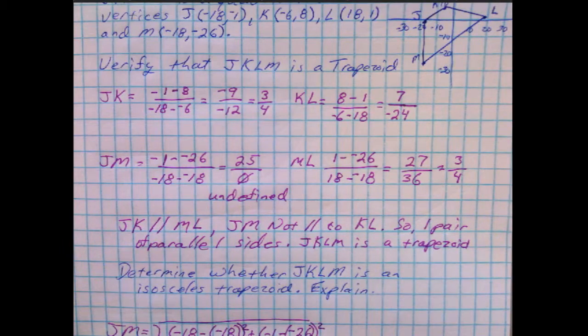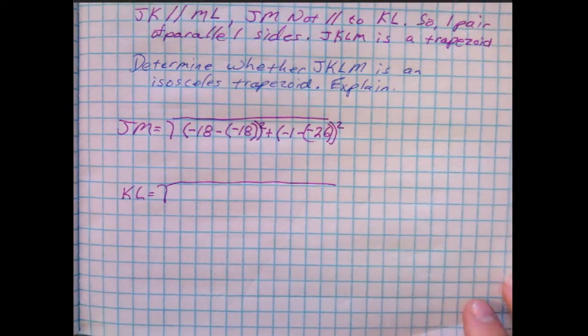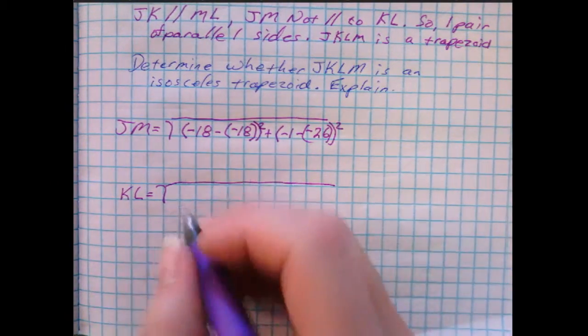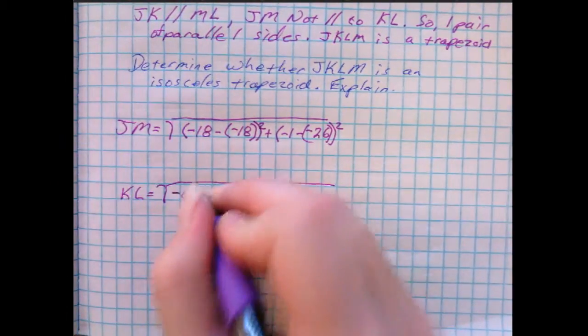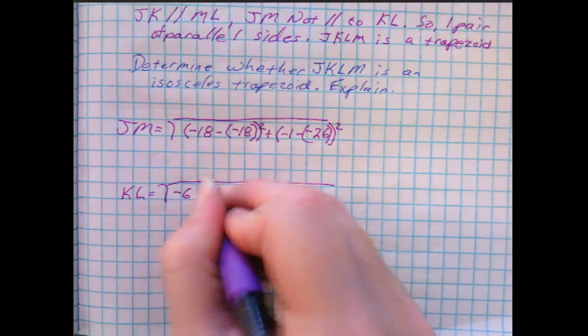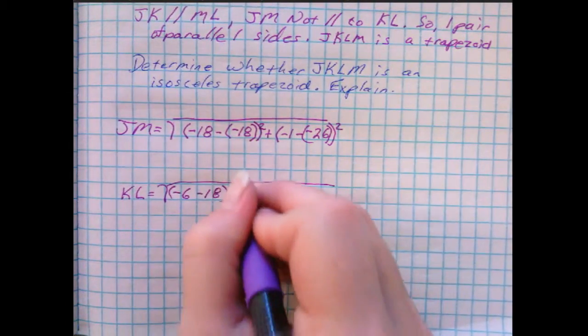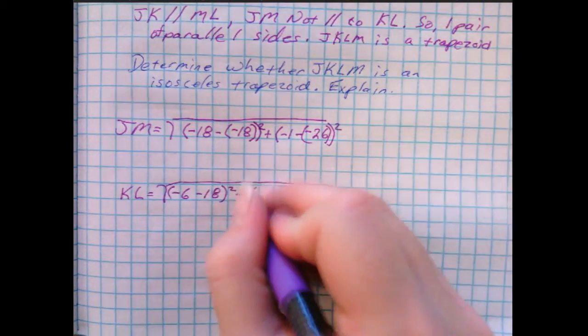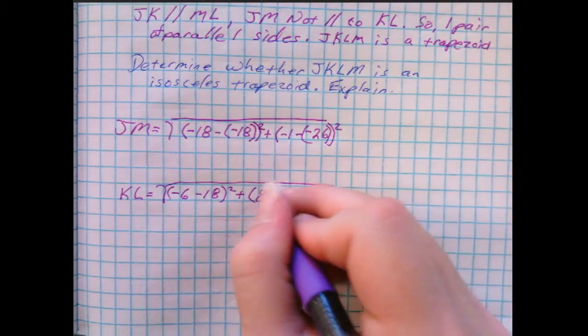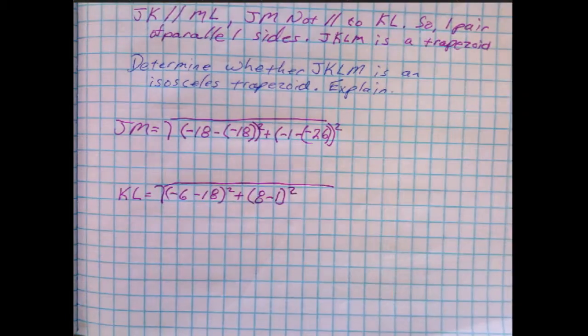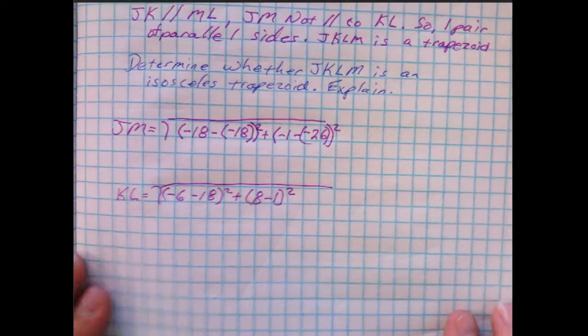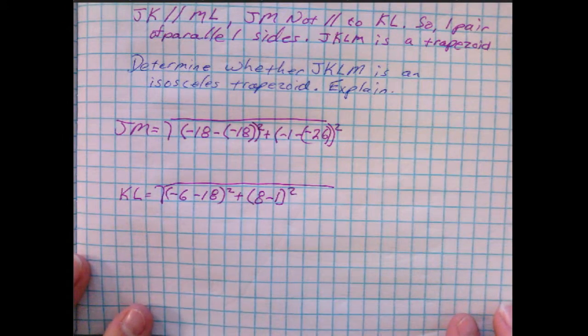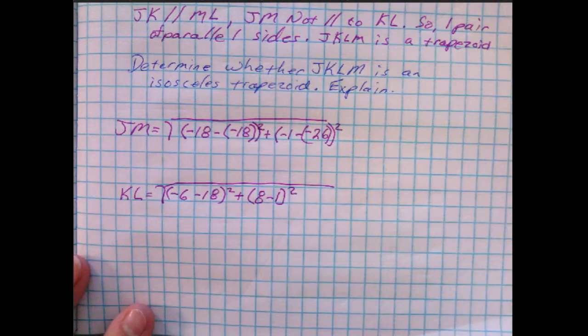And then for KL, I'll go ahead and slide up here. For KL, we're going to be using negative 6 minus 18 squared plus 8 minus 1 squared. Then we're going to solve those, and in order for it to be isosceles, they have to be equal.